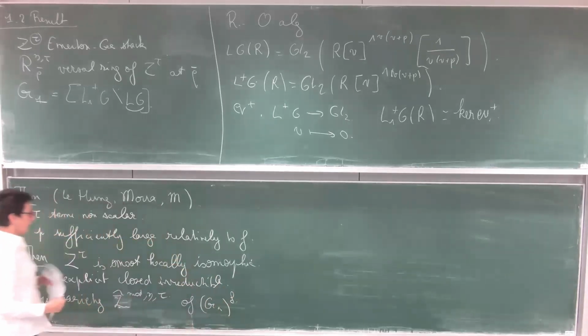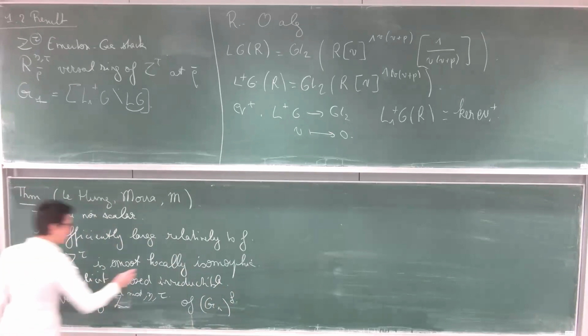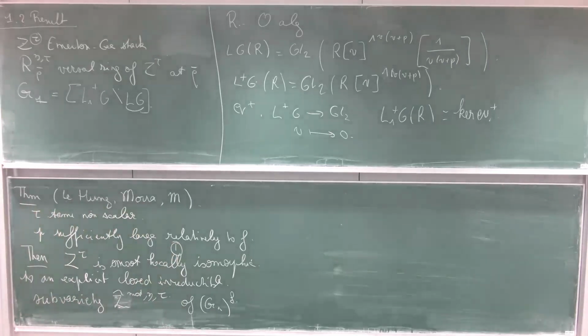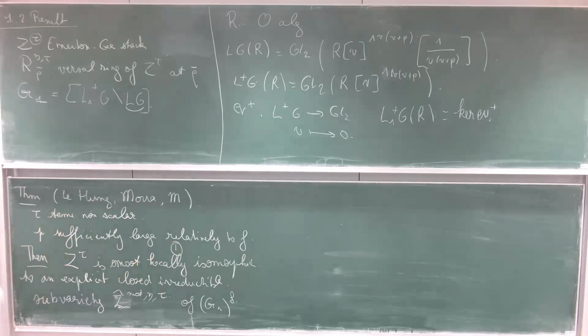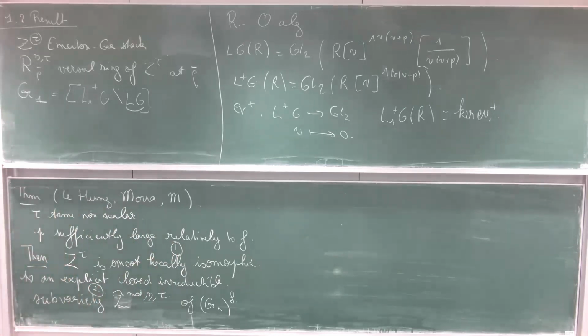Okay. So I will try to explain the statement, then give some applications, and then give some idea of the proof. I will first explain what smooth locally isomorphic means. Then I will say a few words about this explicit part.